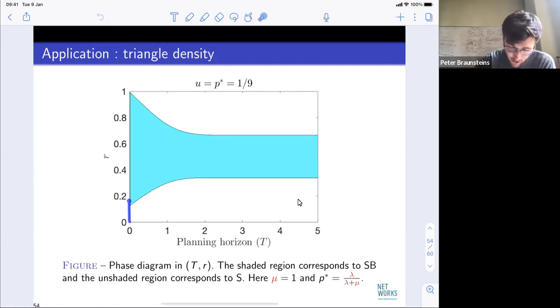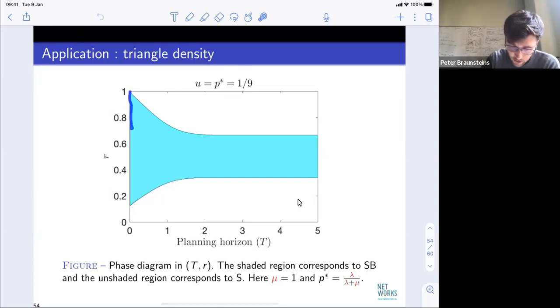So time equals 0, and in this case we're starting from 1 on 9, which is this value here. What this basically says is that if the planning horizon is very small, then the most likely way that an unusually large number of triangles occur is if they're arranged in a special structure that doesn't look like an Erdős-Rényi random graph.